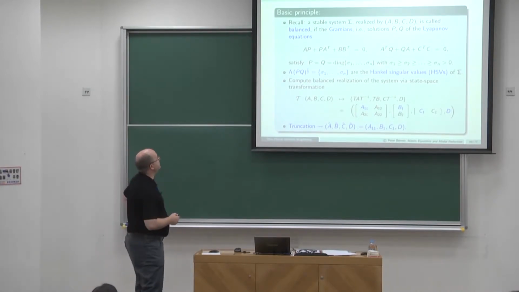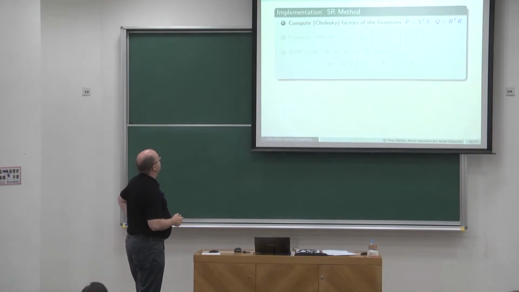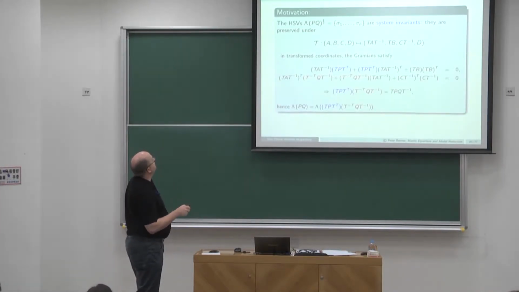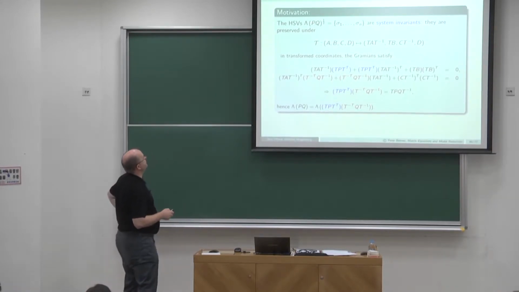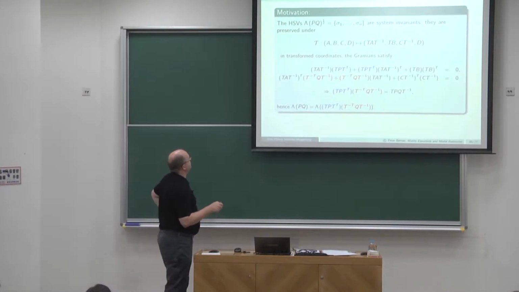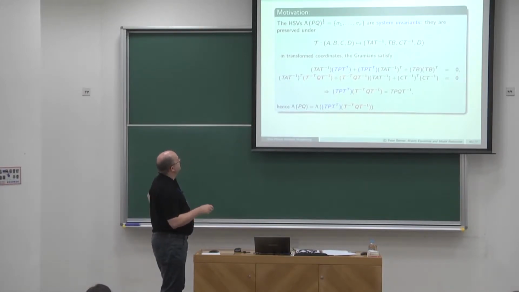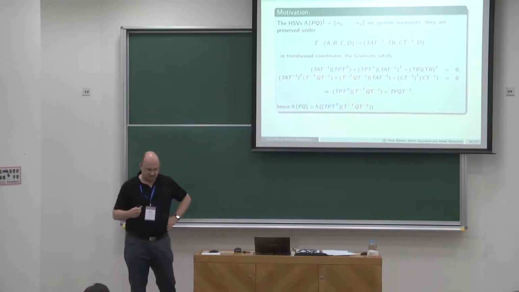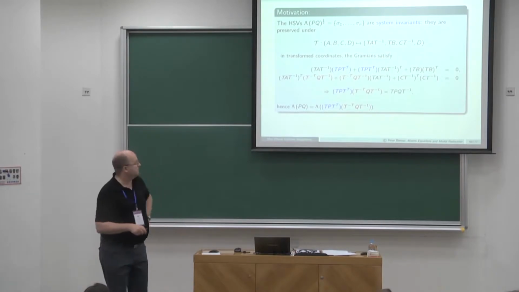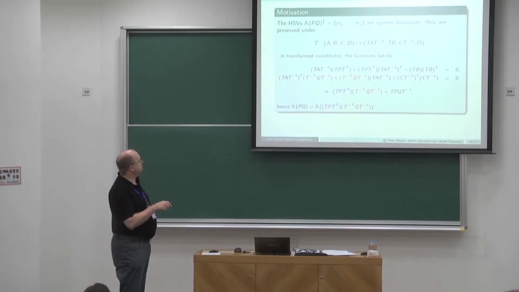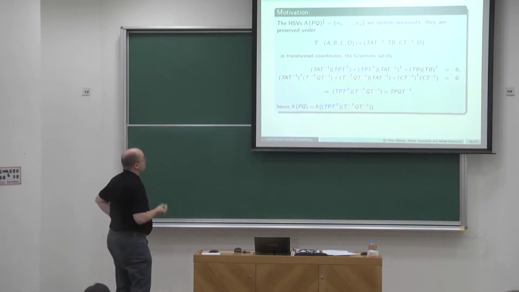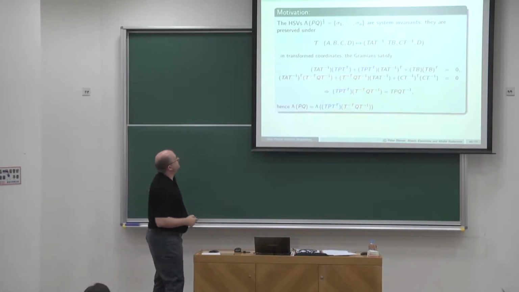And that's the topic of the next part. So just to remind you, we proved already that Hankel singular values are system invariants. They don't change under this transformation. And the spectrum of the product P times Q, of which the square roots are actually the Hankel singular values, doesn't change under this contragredient transformation that diagonalizes P and Q. That calculation we have done already.